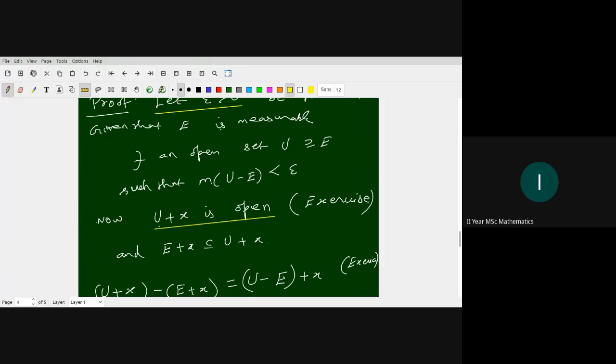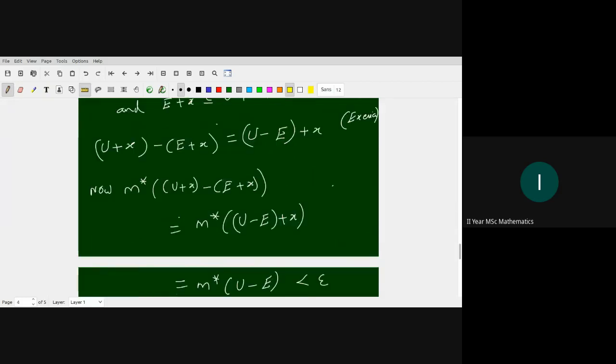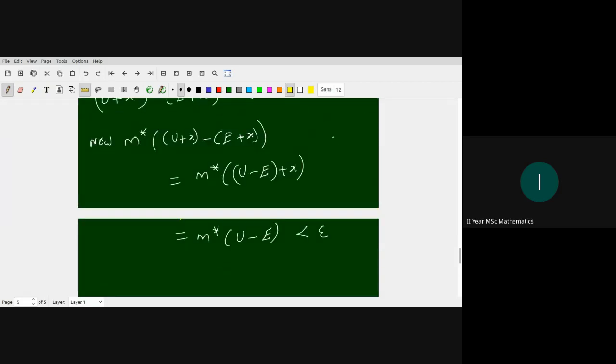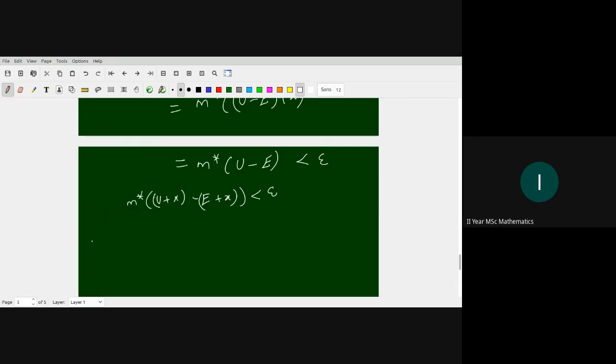So there is a set u plus x in this discussion such that m star of u plus x minus e plus x is less than epsilon.